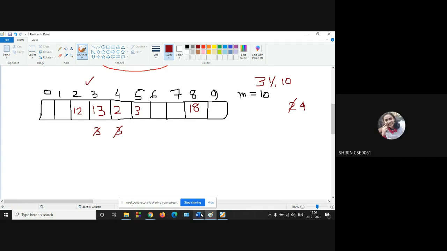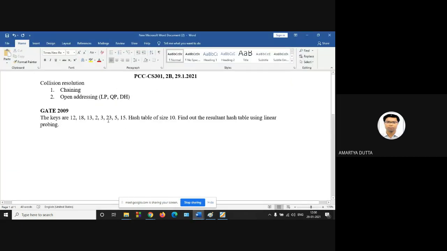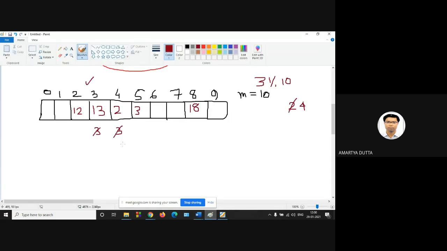Next one is 23. What will be the position for 23? 23 mod 10, so this will be the position for 23.